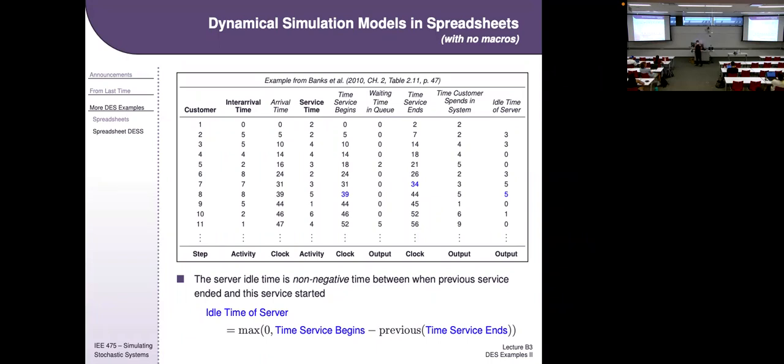Either the server was immediately busy and shifted to this customer, or if there's a gap between the time service begins for this customer and the previous time service ends, that gap represents time that the server was just sitting there without a customer, and that's the idle time. And that allows you to fill in all of these cells here.